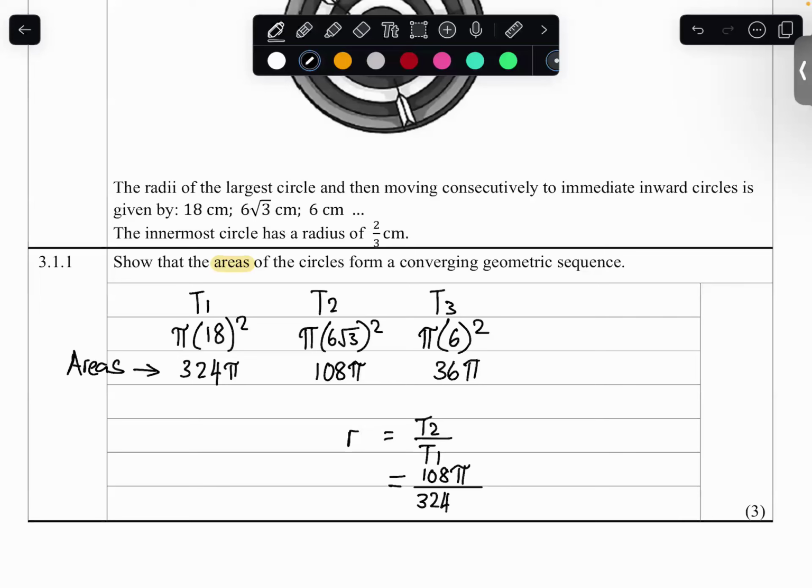That gives me an answer of 1 over 3. So if it gives me an answer of 1 over 3, you need to end by saying, therefore, r lies between -1 and 1, because r is a third, between -1 and 1, and so the series is converging.